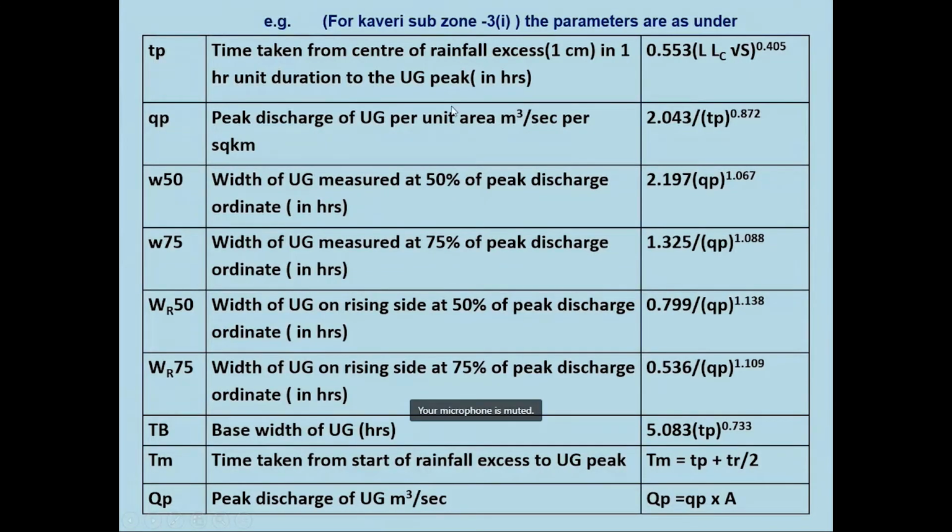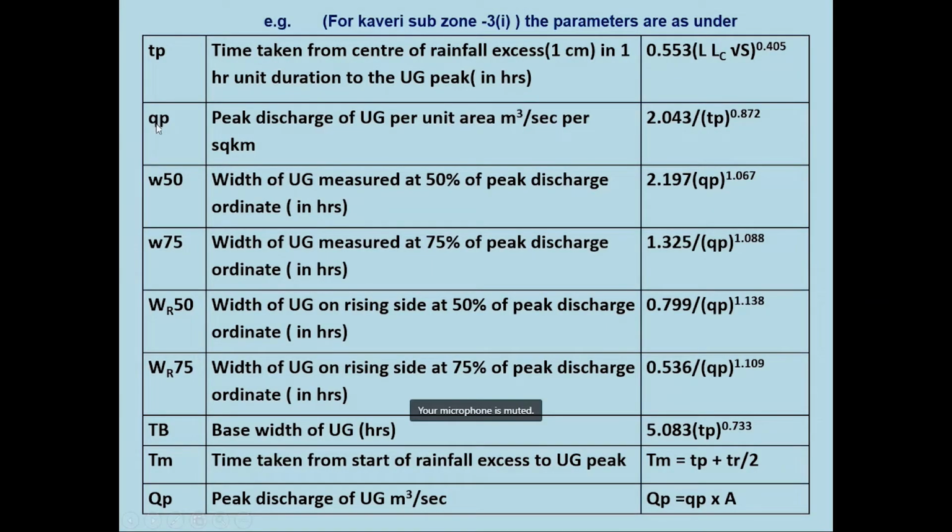Here this TP has been given in terms of L, LC and S. If you have already noted down the catchment properties, I have said that these values will be required for drawing the unit hydrograph.